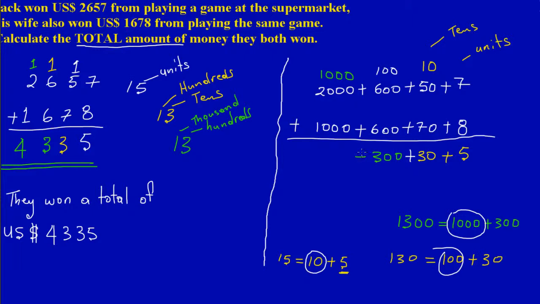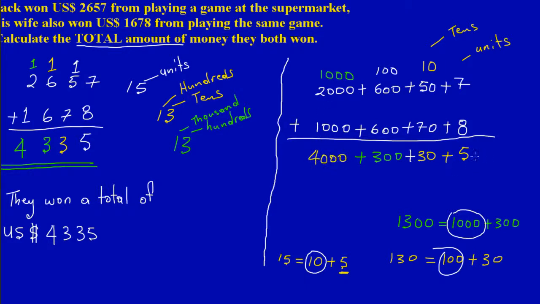Okay, so now basically I'm adding to that now. 1000 plus 2000 is 3000, and 3000 plus another 1000 would give me 4000. So here now in my thousand column, this would come to 4000.